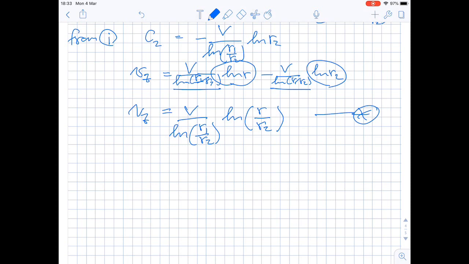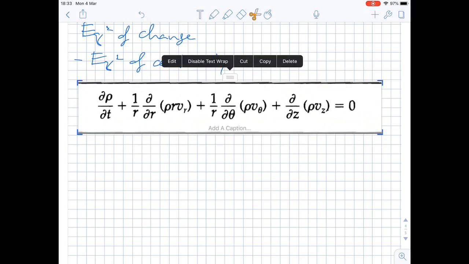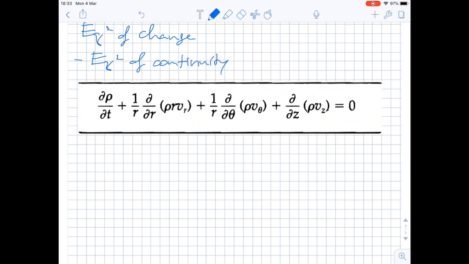Alright, if you want to do this problem using equation of change, we can start by using the equation of continuity. This is the equation of continuity for cylindrical coordinates.